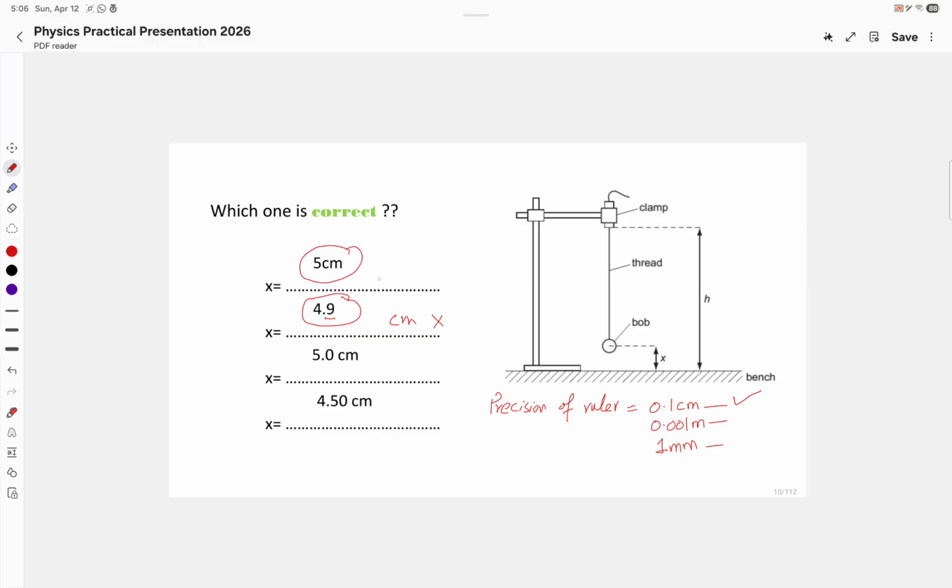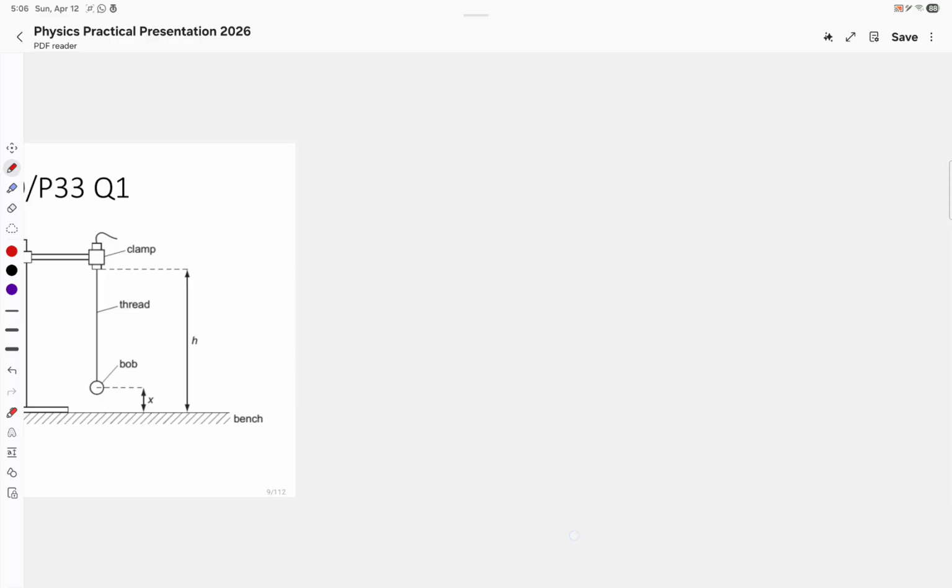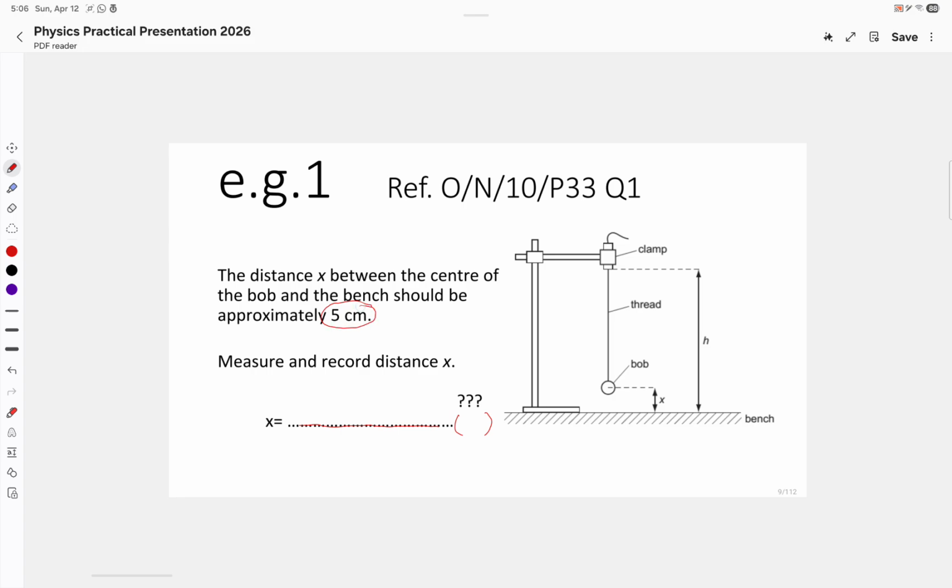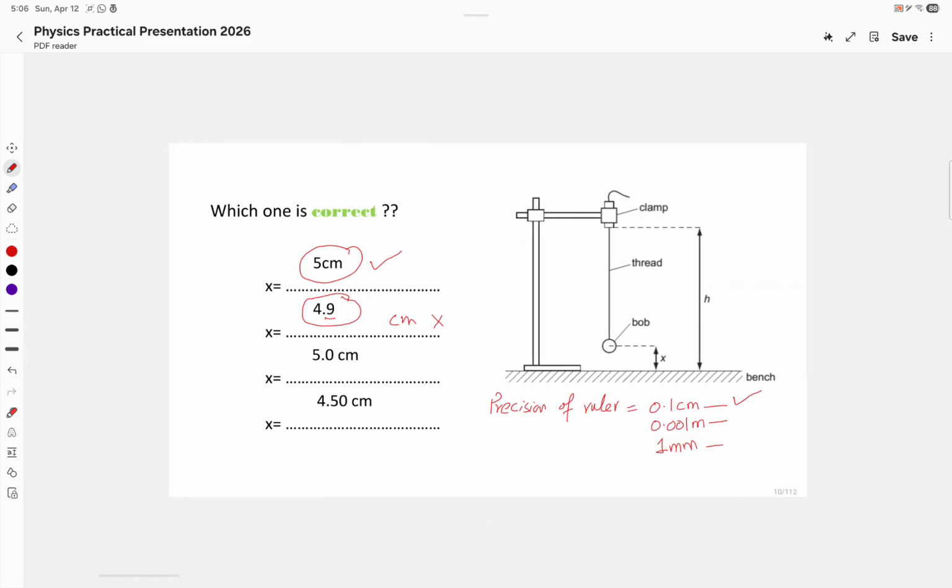Over here, I am using a unit, but I took the given information as an advantage and wrote down 5 cm, which doesn't have a proper decimal place, which is supposed to be 1.